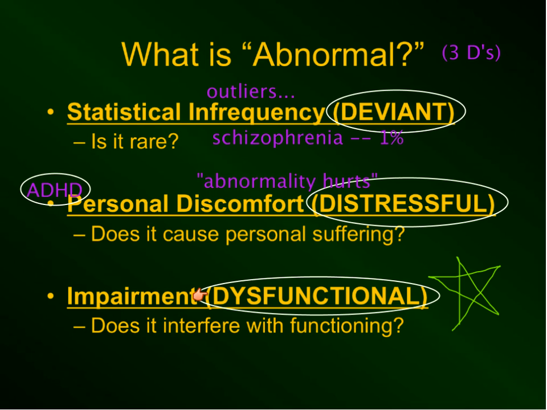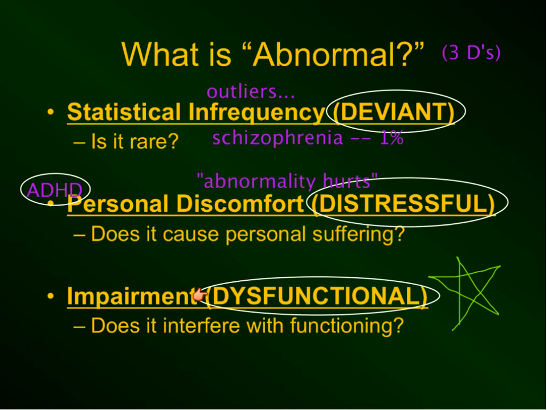So again, this is not like a checklist and you have to have all three, or these are not defining features. It's a rubric almost, right? It's a way of thinking about what you're seeing on an everyday basis and saying, does this check off as deviant? Does this check off as causing distress for themselves or others? Is this something that is clearly dysfunctional?